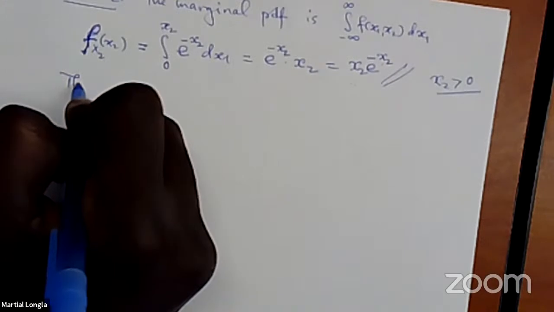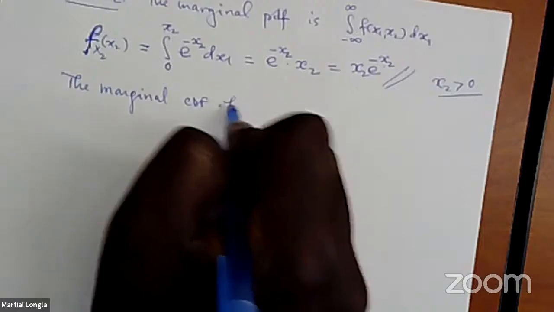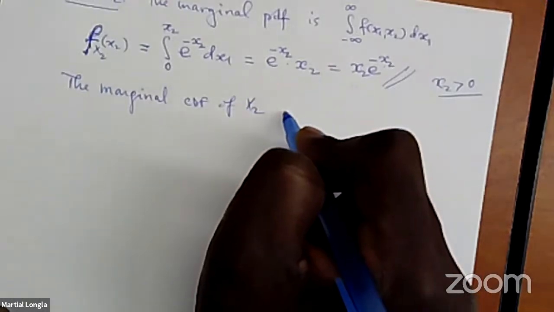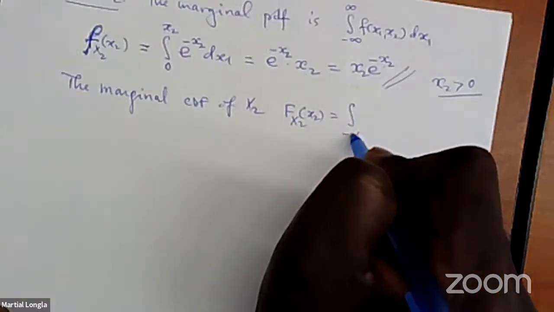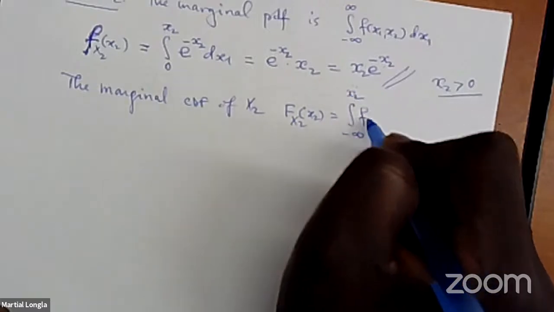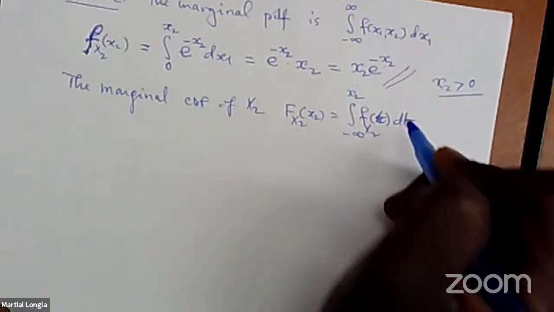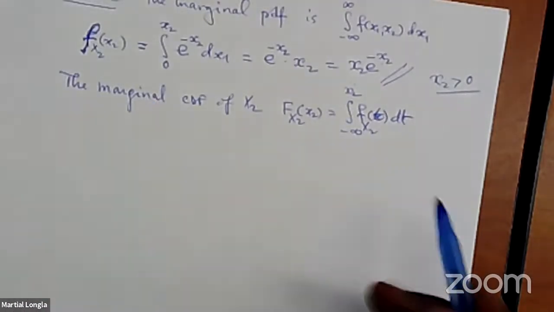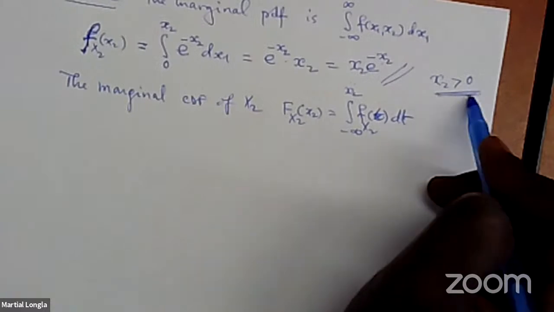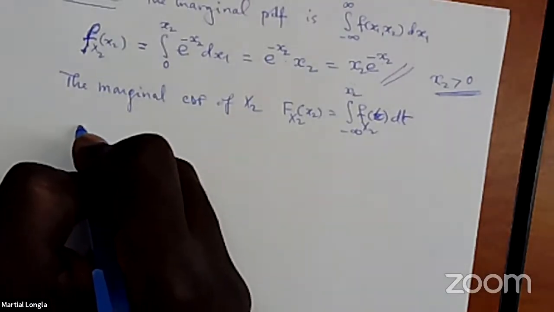Now, the marginal CDF of x2 would be F_x2 of little x2 equals integral from negative infinity to x2 of f_x2 of t dt. So again, same thing as before. You remember the range of x2: before 0, capital F is 0, and starting at 0, you compute the integral.